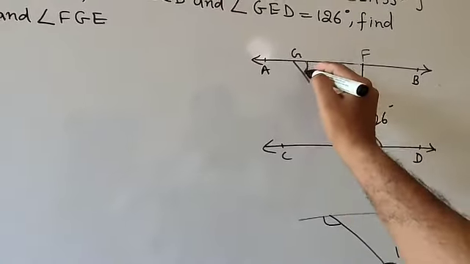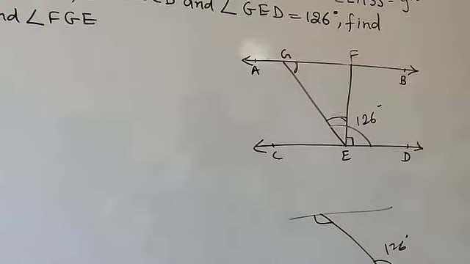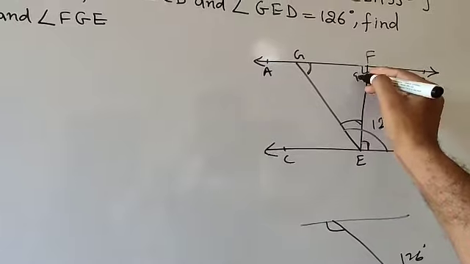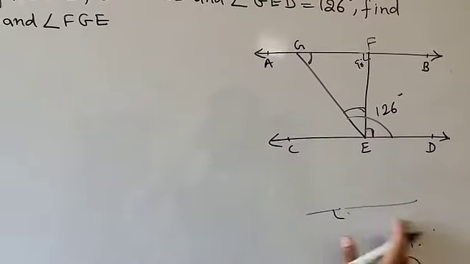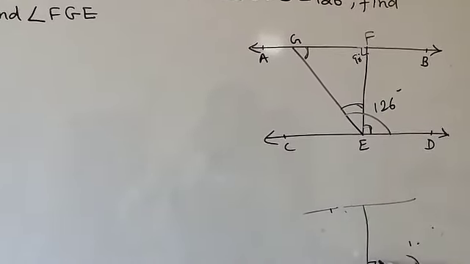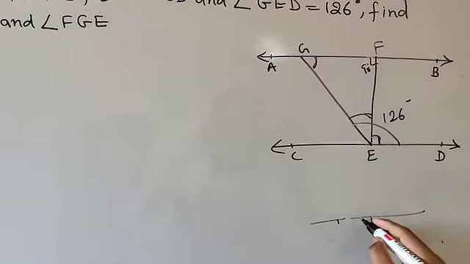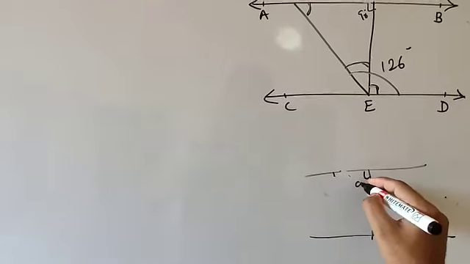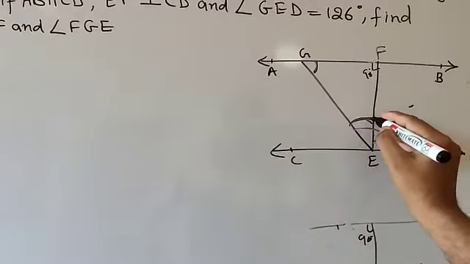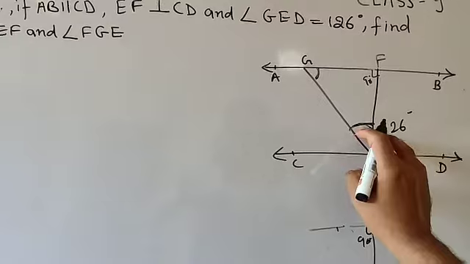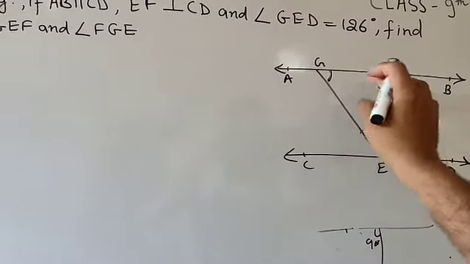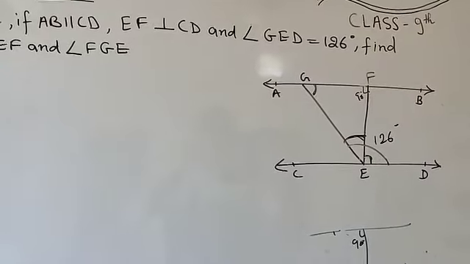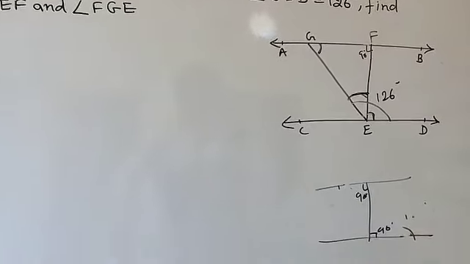If it is 90 degrees, then this will also be 90 degrees, since it is given that it is 90 degrees. Then, by the angle sum property of the triangle, you can get this angle. So students, you need to solve this question by yourself.